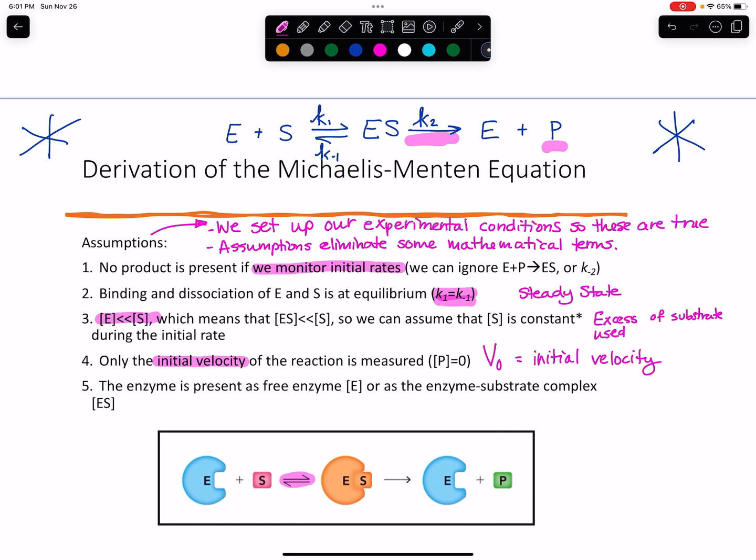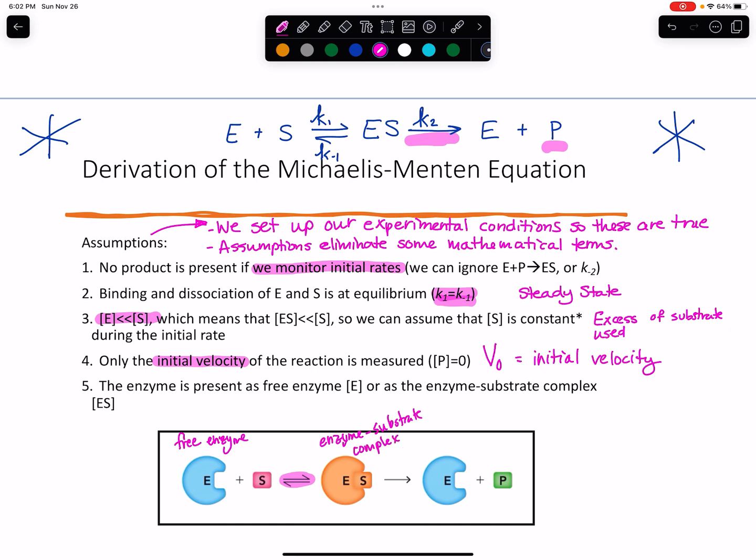All right. And then the last assumption is just that our enzyme can exist in 2 states, as free enzyme or as enzyme substrate complex. This is free enzyme, and this is enzyme substrate complex.